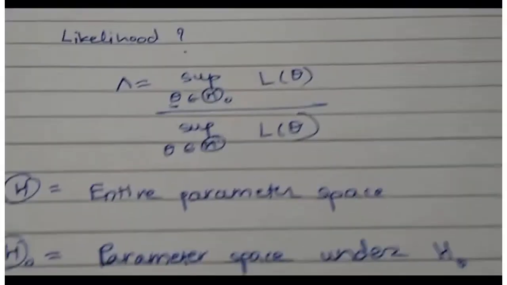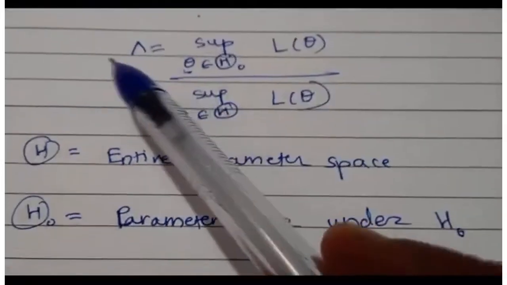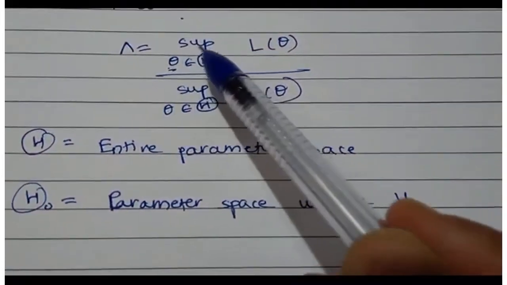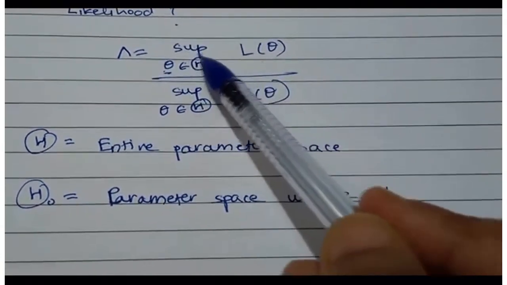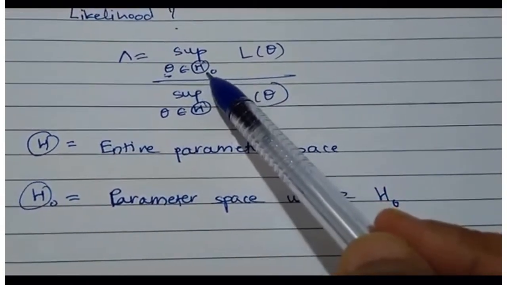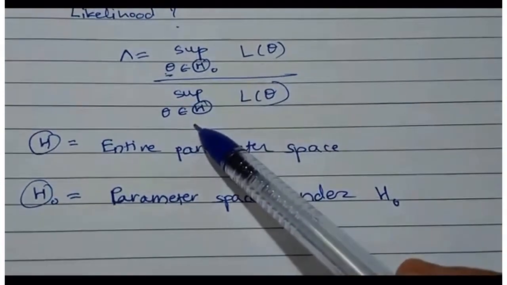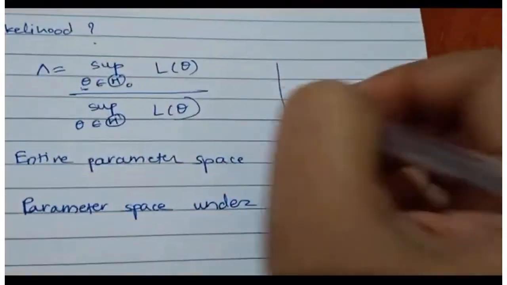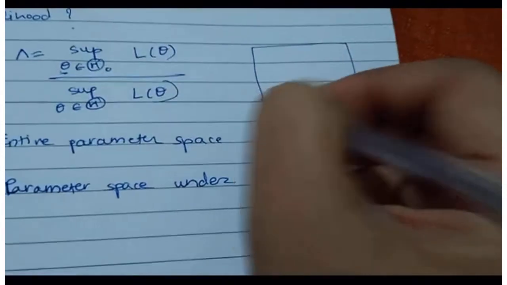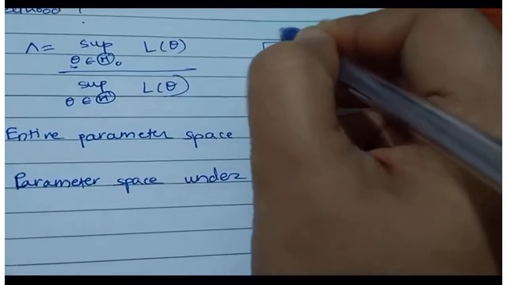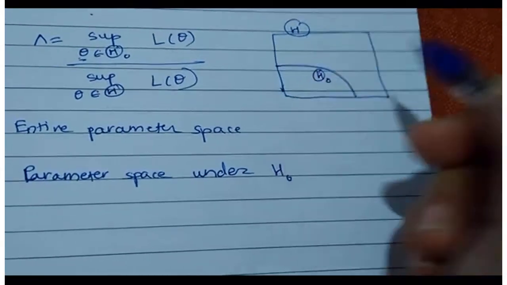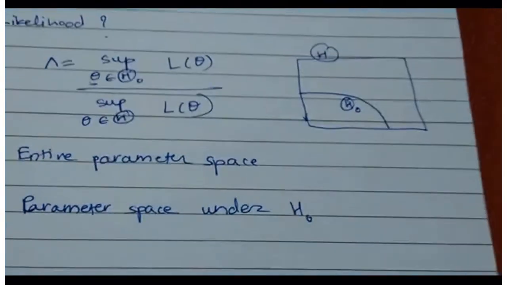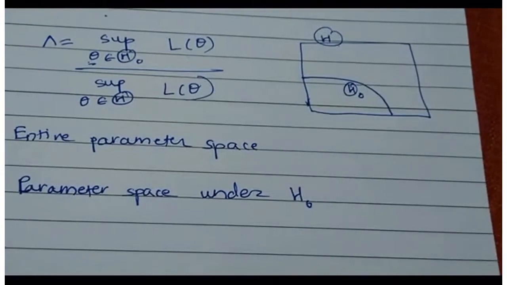So what does the likelihood ratio do? The likelihood ratio says consider the supremum of likelihood when that supremum is taken over the restricted parameter space and take the ratio of that to the bigger one. If this is my entire parameter space script theta, we know that script theta naught is going to be a subset of it, because H naught is part of the entire parameter space.